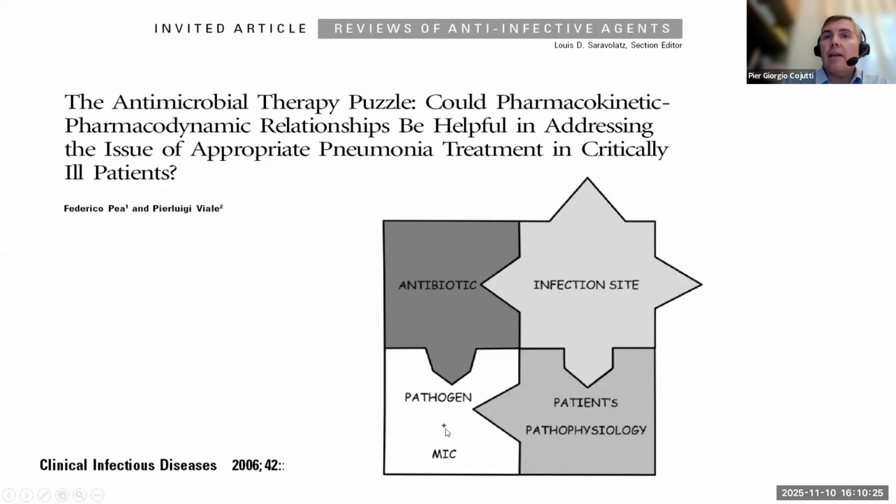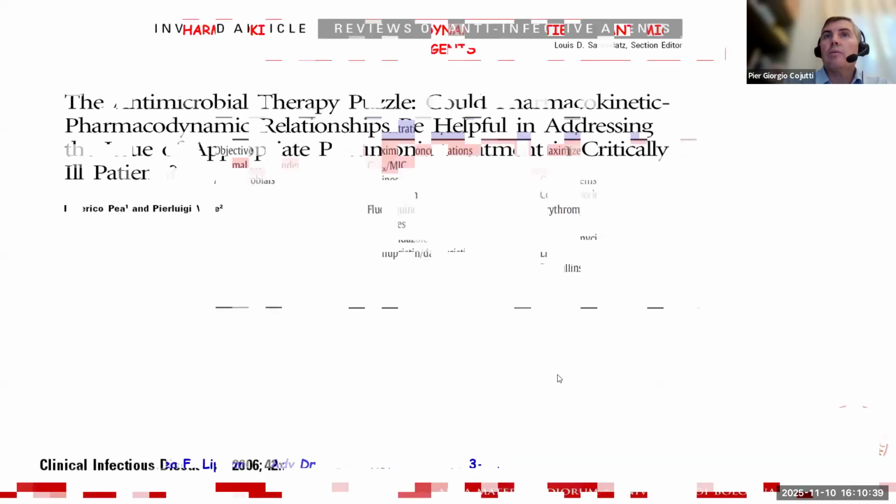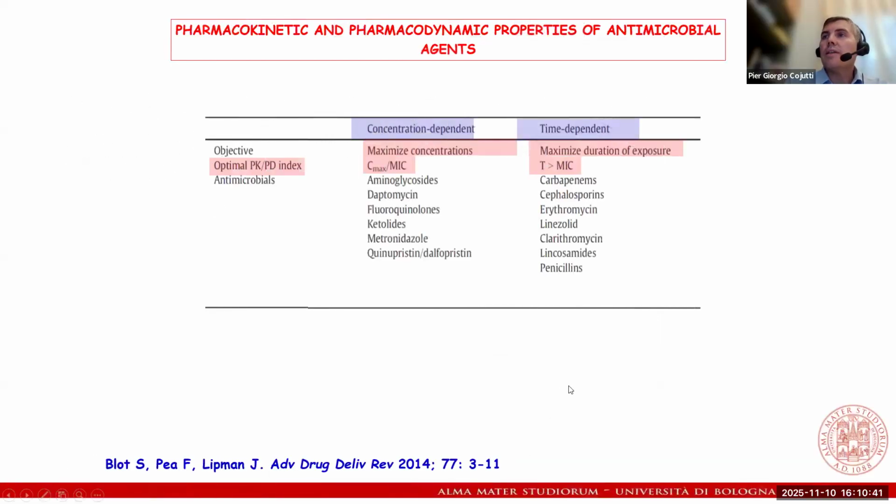And the fourth part is the pathogen susceptibility to the antibiotic, which is summarized by the MIC, the minimum inhibitory concentration, a number that tells us how susceptible the selected pathogen is to that antibiotic. So all these 4 parts should integrate together and should be considered at the same level.